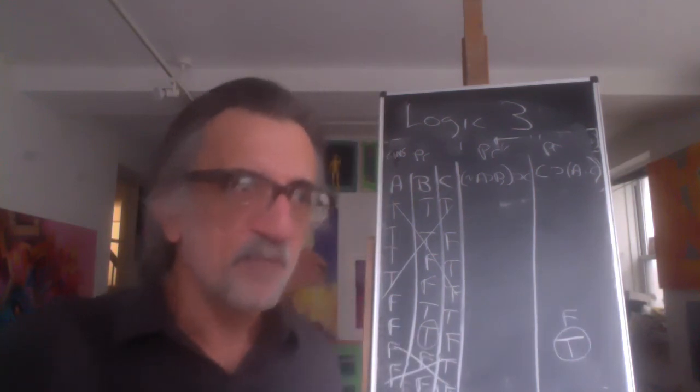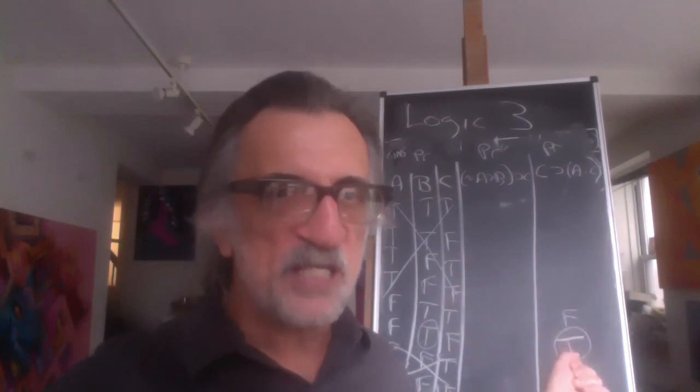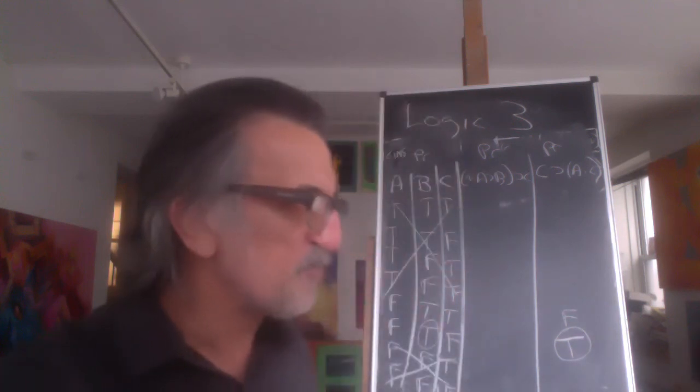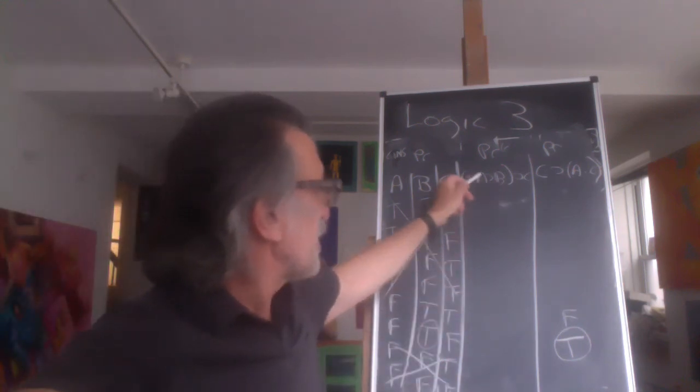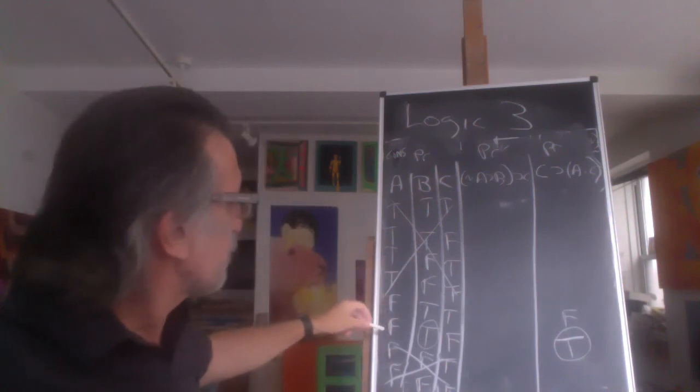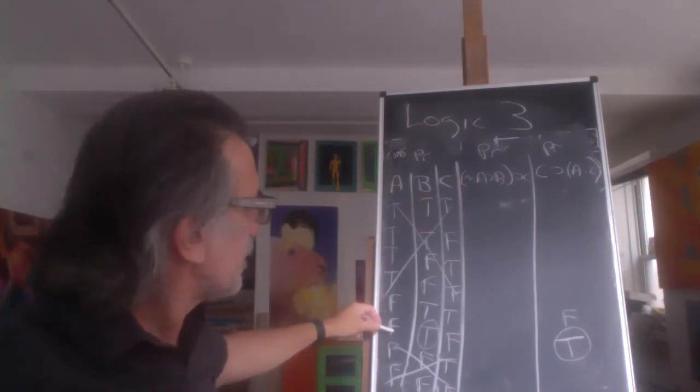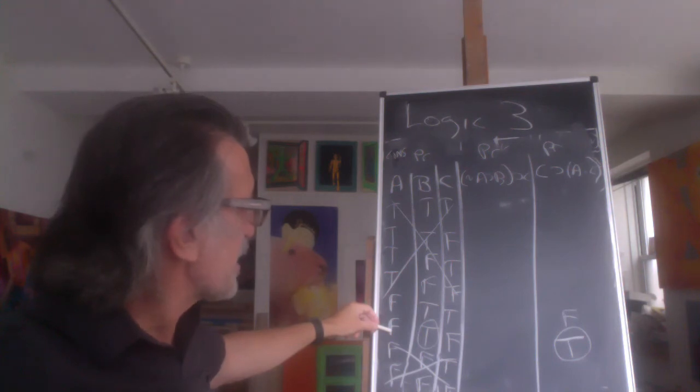So what do we want here? We're looking for the possibility that the whole conditional is true. So for it to be true, the antecedent has to be false. For if the antecedent is true and then C, its consequent, turns out to be false, okay, then we have a false premise. So we need that antecedent to be false. If not A, then B. If not A, A is false, so not A is true.